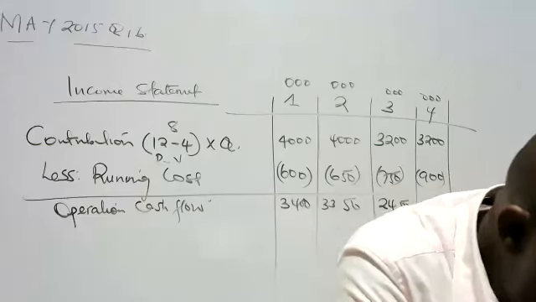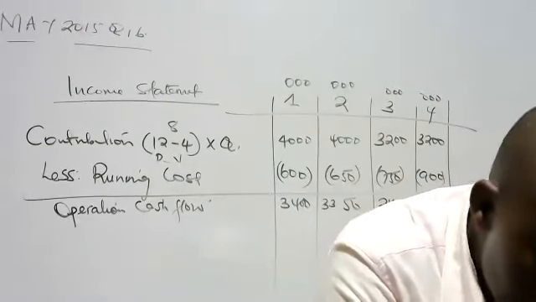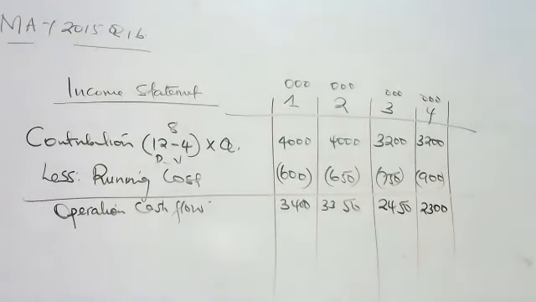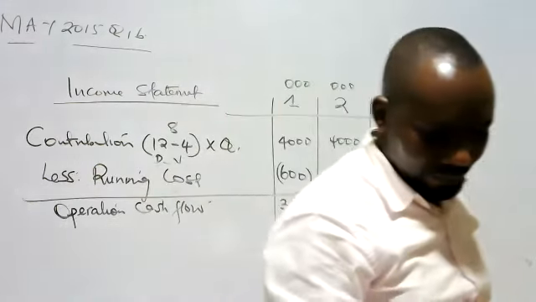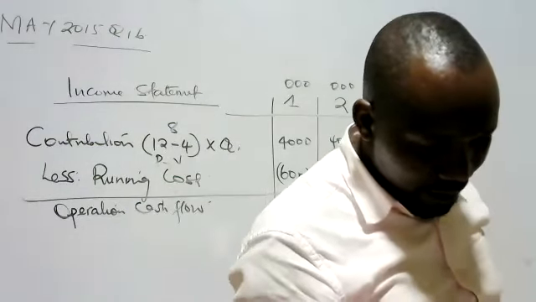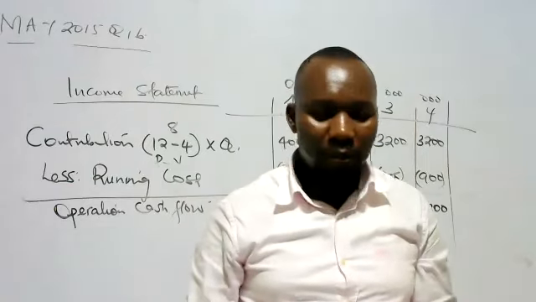Then they say that the company provides depreciation for non-current assets using the straight line method. I've just seen it. So we have our running cost. Then were you given tax? No, we were not given. Did they give us tax? They did not give us tax.